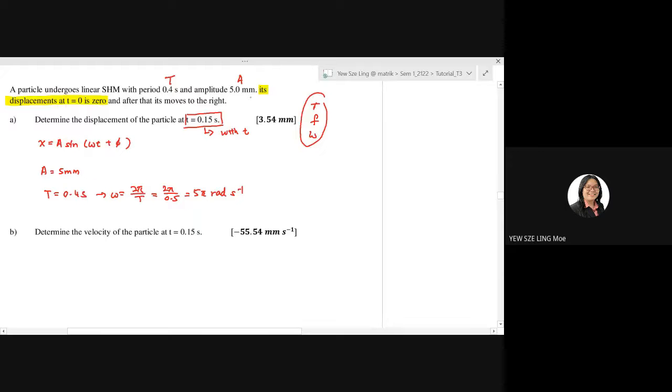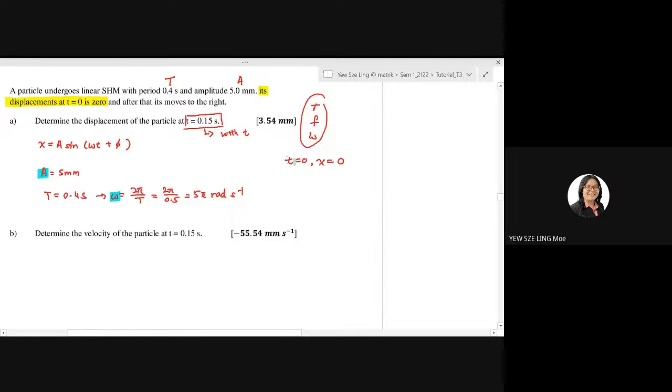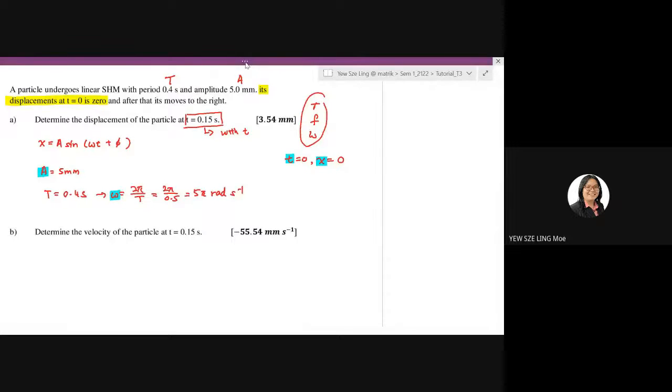So according to the highlighted statement, its displacement at t equals 0 is 0. So it tells you when t equals 0, x equals 0. Now what am I going to do? I'm going to plug in these values into my equation to find out the value of my initial phase angle.